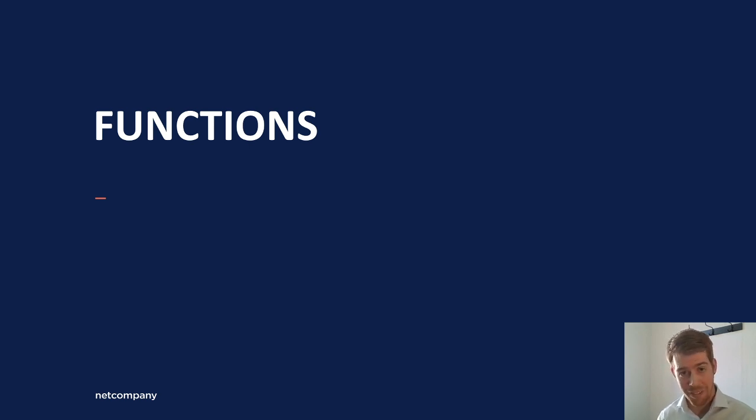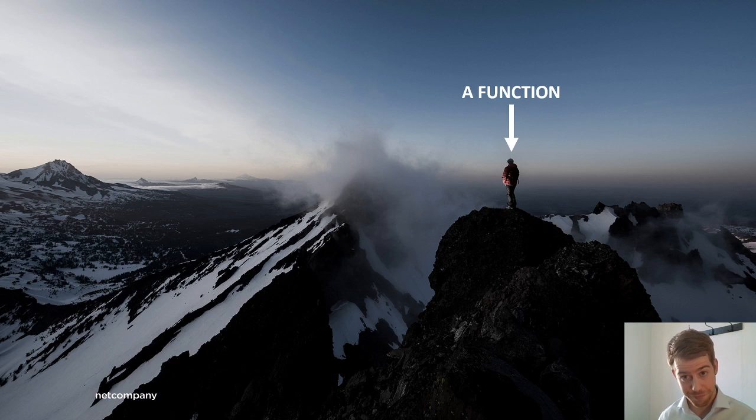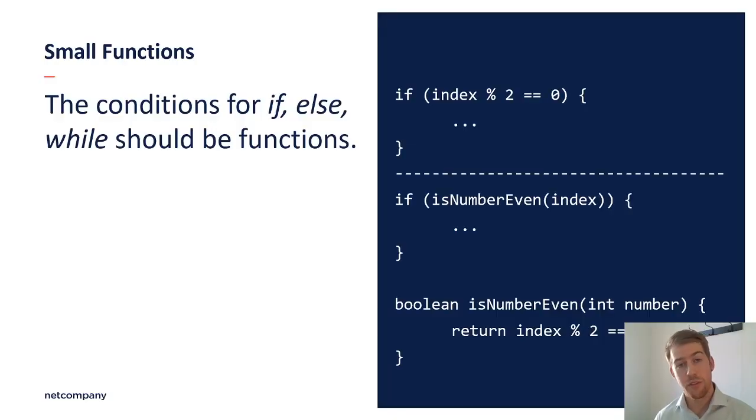Okay, now a function should be this. And by this I mean a function should be small, okay? And when you think a function is small, you should make it even smaller, all right? I'll give you examples of this. For instance, the conditions for if, else, and while, you should wrap in a function.